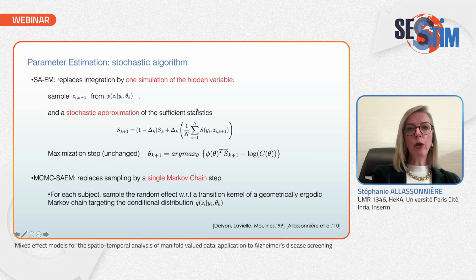And if you don't know how to sample, you can even move to the Monte Carlo Markov chain sampler that will enable you to just draw one element of this Markov chain. One is enough, as long as this Markov chain is at least subgeometrically ergodic.